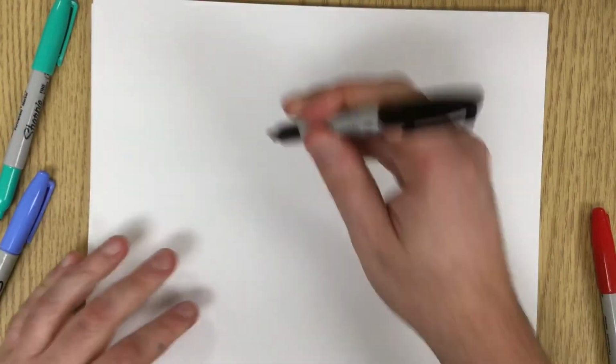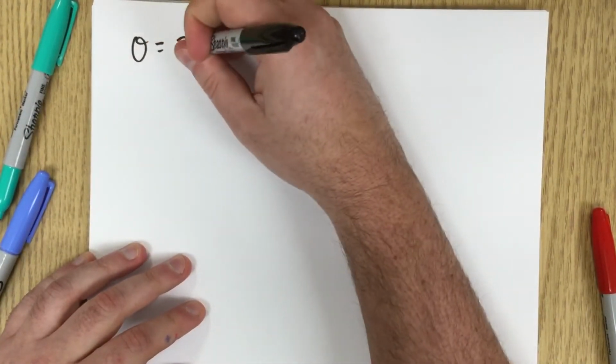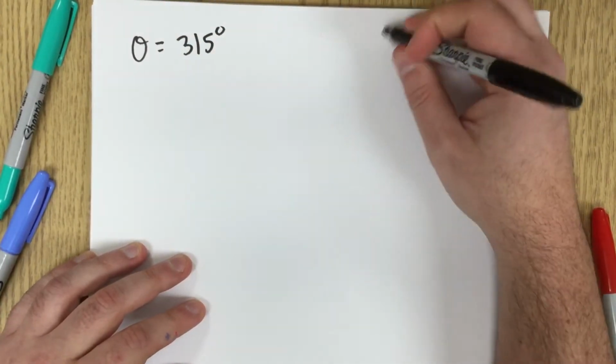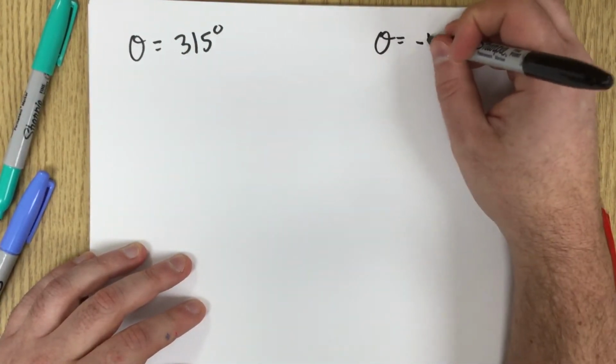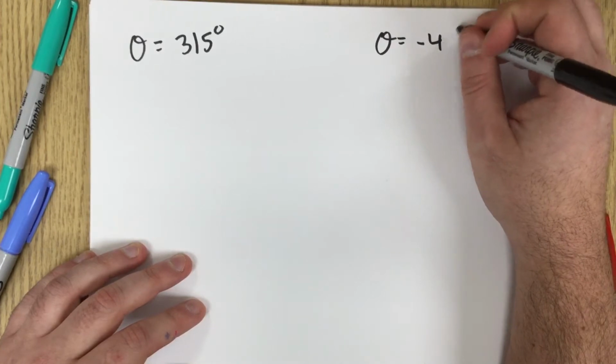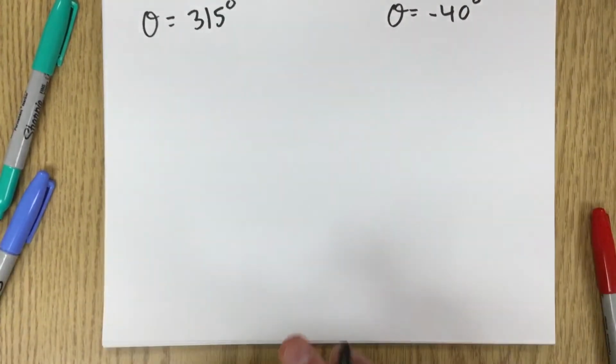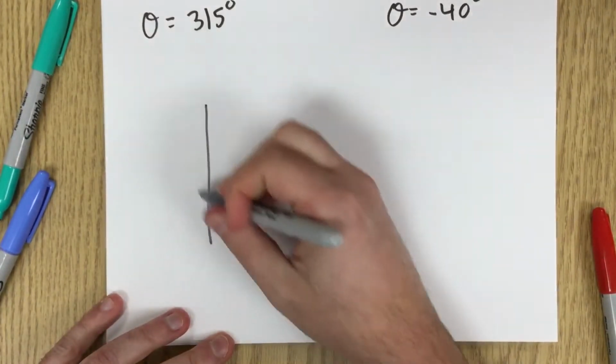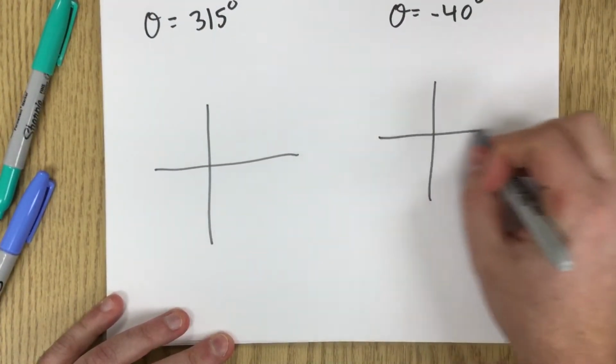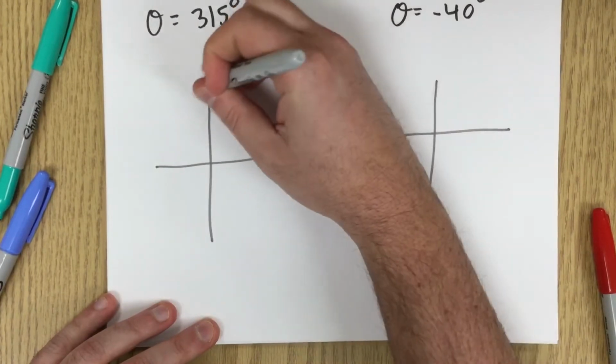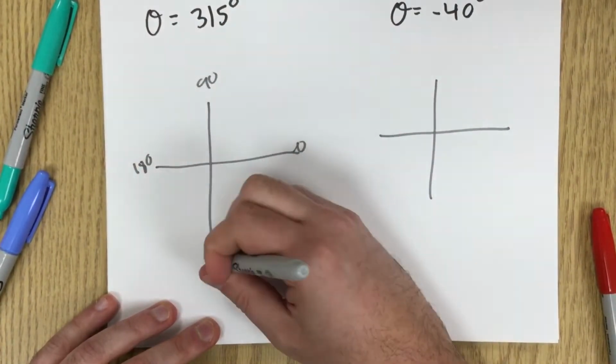Okay, let's try a theta of 315. So 0, 90, 180, 270.